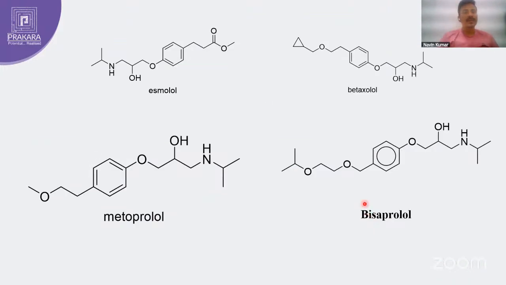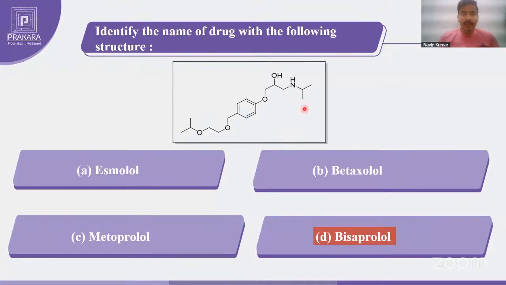Here you can see the structures of esmolol, betaxolol, metoprolol, and bisoprolol. These are the four structures of all four given options. In this structure, what is the eye-catching thing? That is the isopropyl.